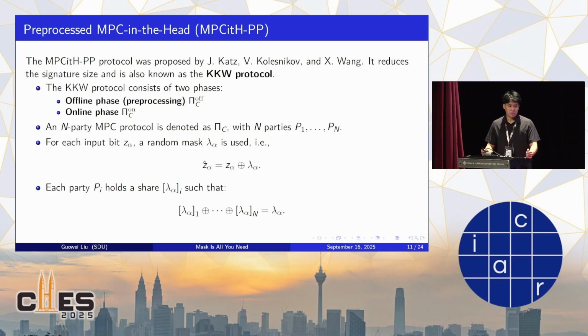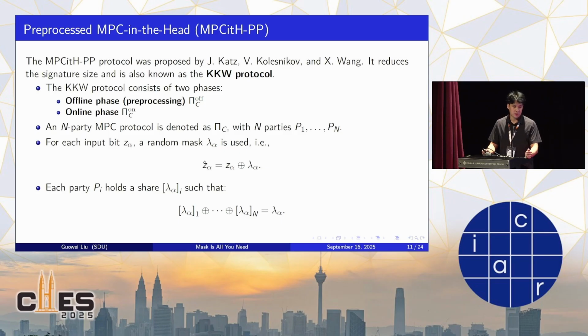The MPC pre-processing protocol was proposed by Katz, Kolesnikov, and Wang. It reduced the signature size, and it is also known as the KKW protocol. This protocol consists of two phases: the offline phase, also named the pre-processing phase, and the online phase. This MPC protocol is denoted as Pi_C, with n parties P_1 up to P_n.